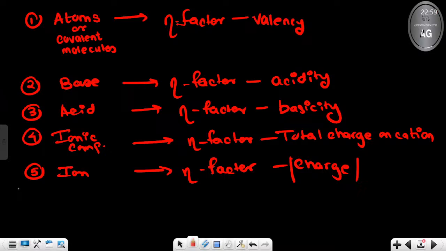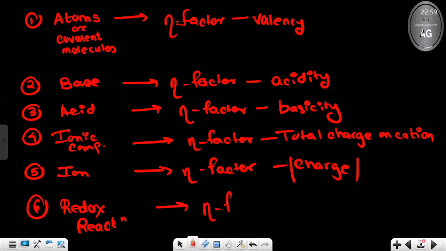Now if a redox reaction is given, this will also be given sometimes, then n factor is going to be the number of electrons. Redox reaction means oxidizing agent, reducing agent, so they all involve transfer of electrons, the number of electron change.